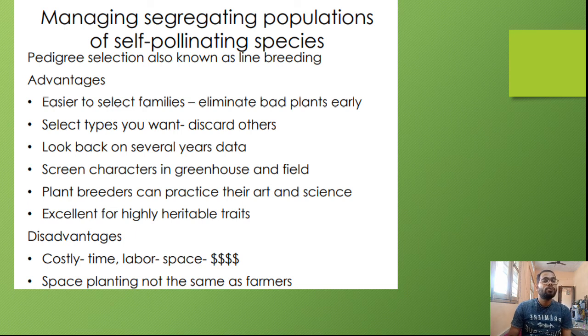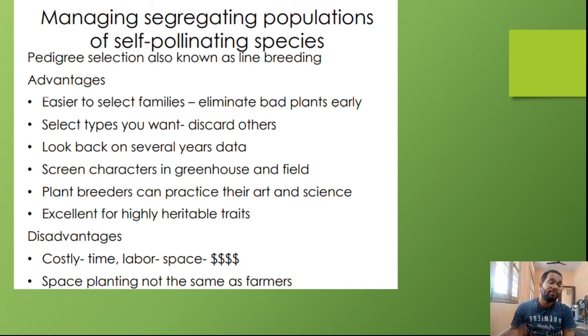Screening of characters can be done in the greenhouse and in the field. That means in both conditions we can study the segregating generation; we can sow in the field and also in the greenhouse.